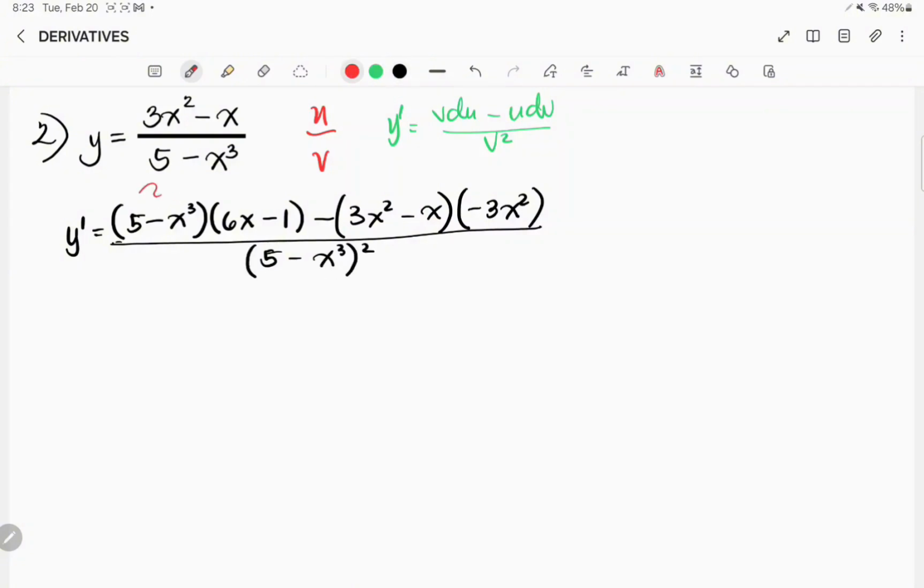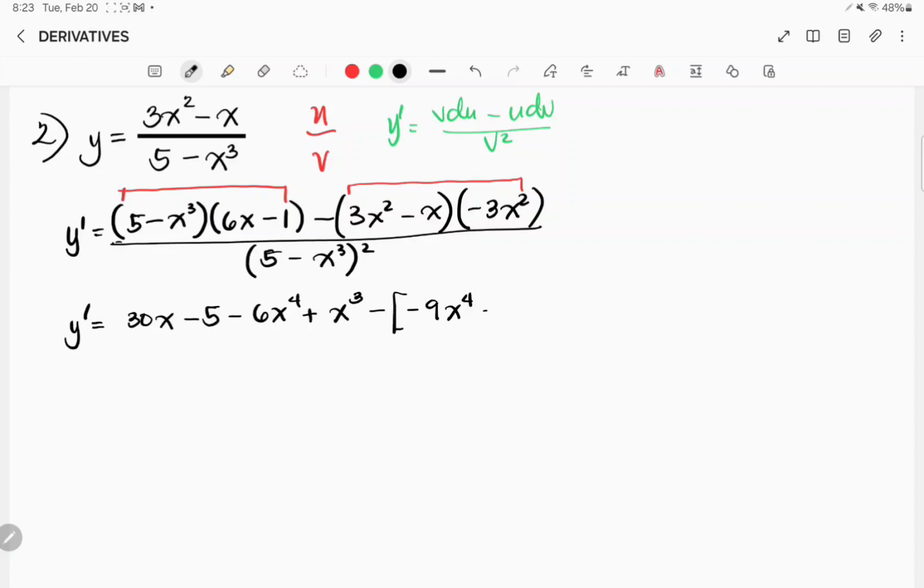Then we have to do some FOIL method here and distribution method on the second term. So it will become y prime equal to 30x minus 5 minus 6x raised to 4 plus x raised to 3 minus, by distribution we have negative 9x raised to 4 plus 3x raised to 3, over denominator 5 minus x cubed raised to 2.